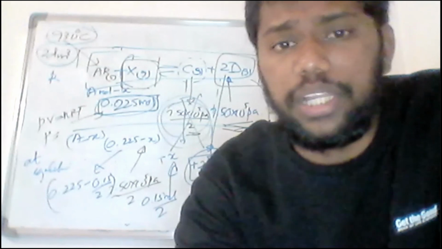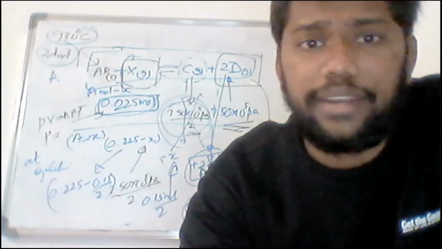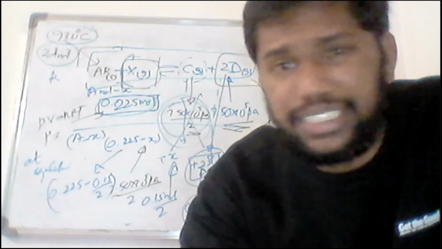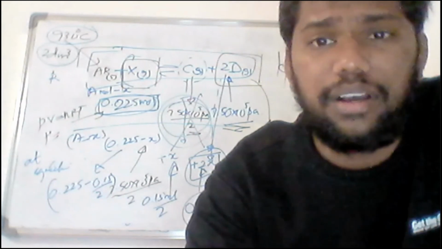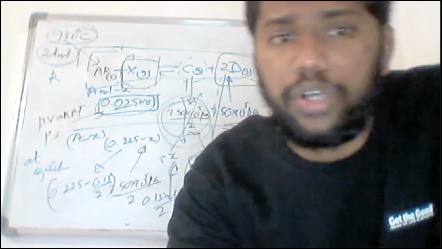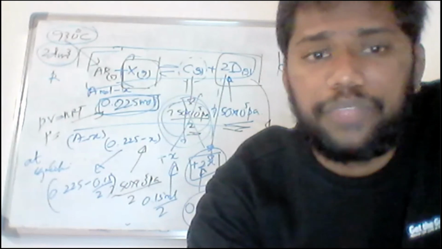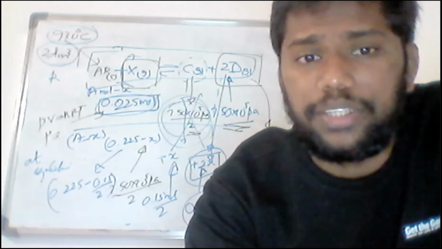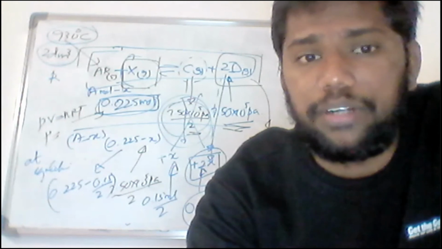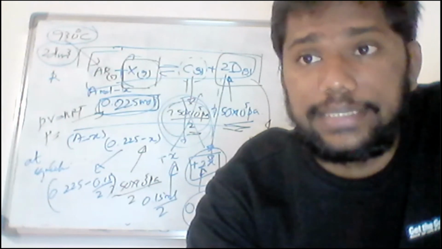So if you know the number of moles of X gas, what you can do is you can directly find the mole fraction, and you can find the partial pressure as well. Because if you know the mole fraction, you know that P total should be equal to the partial pressure of D gas as well as the partial pressure of the X gas.